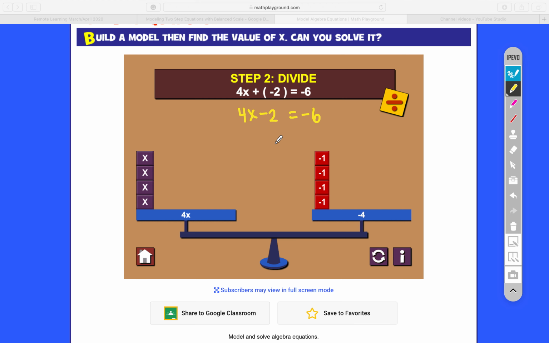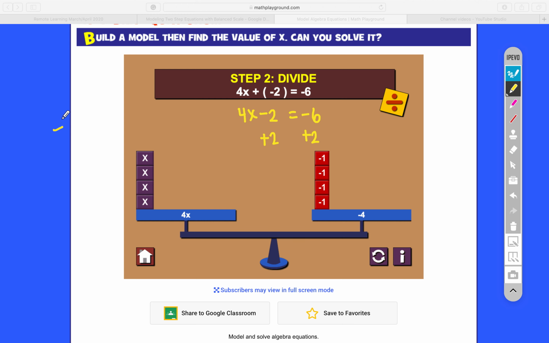And so then the opposite operation has to be addition. I need to add 2 to both sides. So then this -2 will cancel out. -2 plus +2 is equal to 0, right?